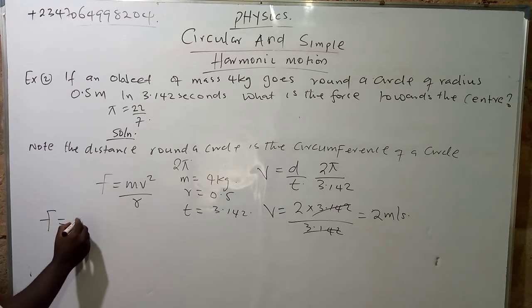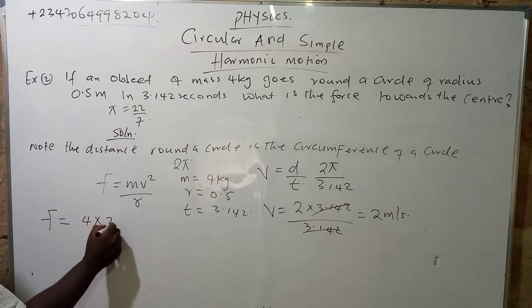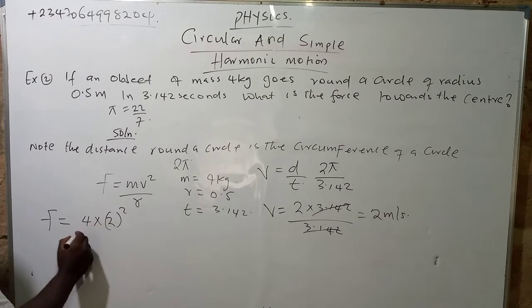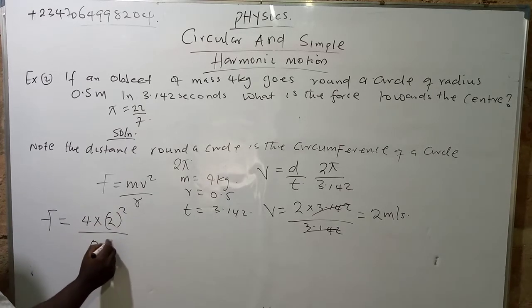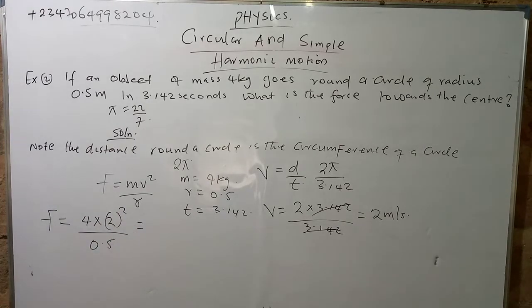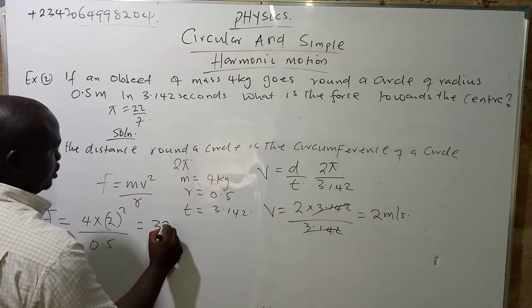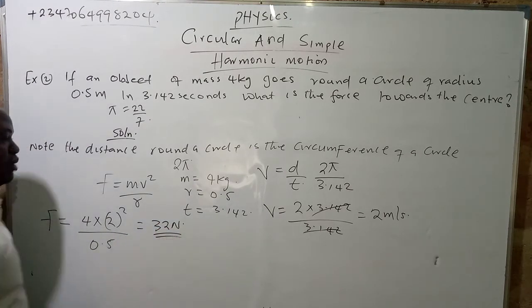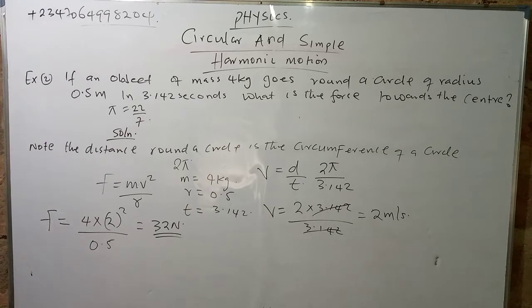So this will give you 4 times 2 squared all over the radius, which is 0.5. If you punch your calculator, your answer is 32 newtons. Remember, on this channel, I like starting with the basics, then I'll jump right into the very hard section.